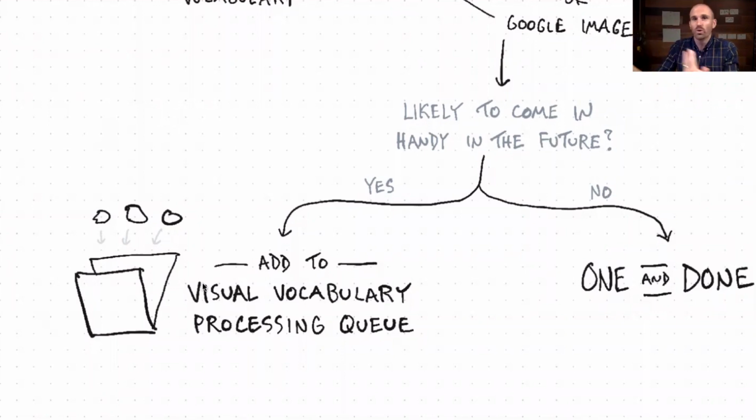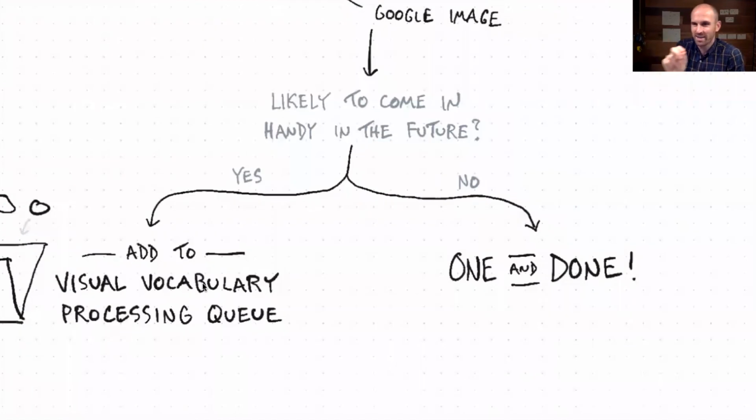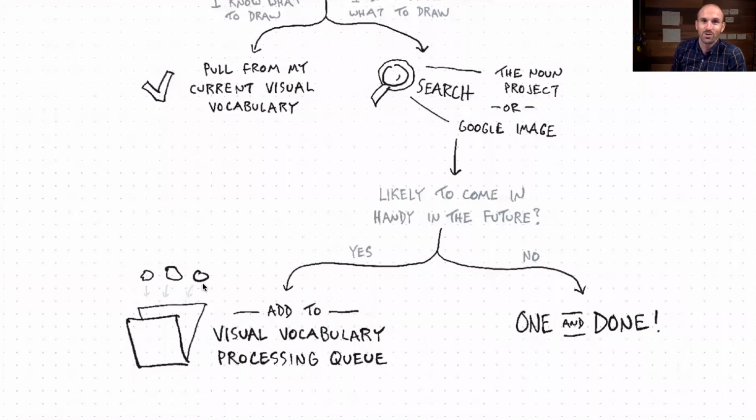That's this folder that I'm imagining where I can place the new icons that I'm learning. And then maybe once a month, I go through those and practice them to reinforce them, get them into my muscle memory so that I can use them in the future. But if I'm not likely to use that specific visual again, if it's maybe too niche, I won't really worry about practicing it. So that's how you might add new visual vocabulary into your skill set.